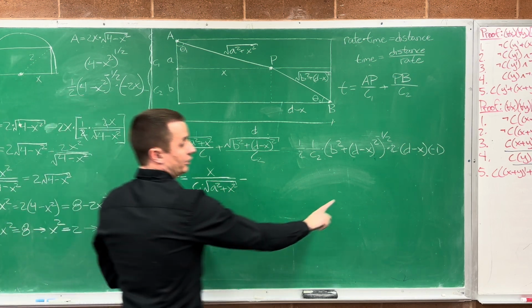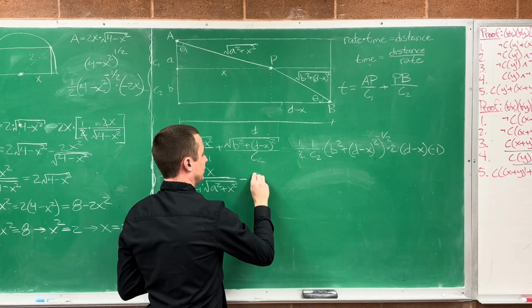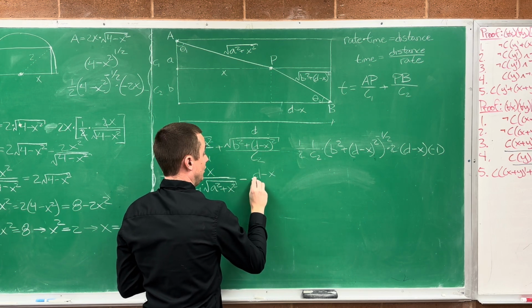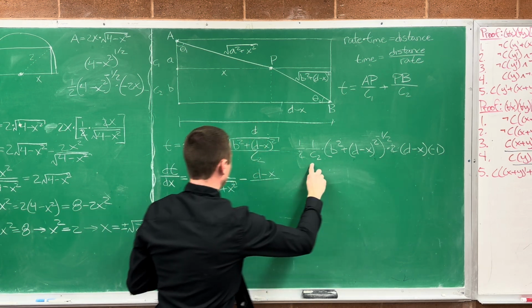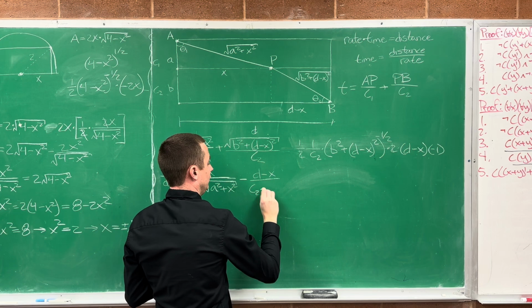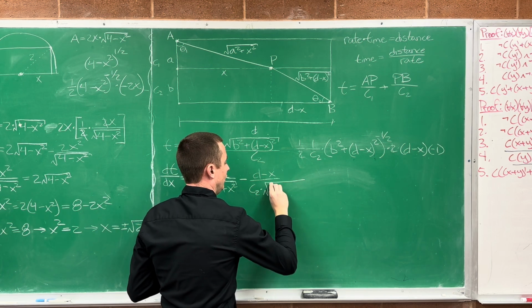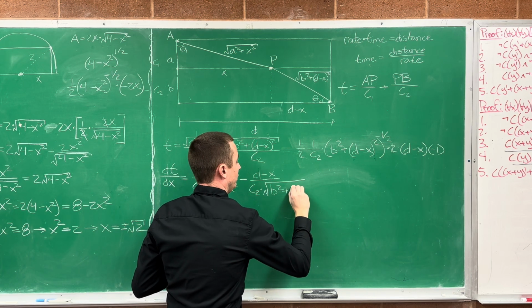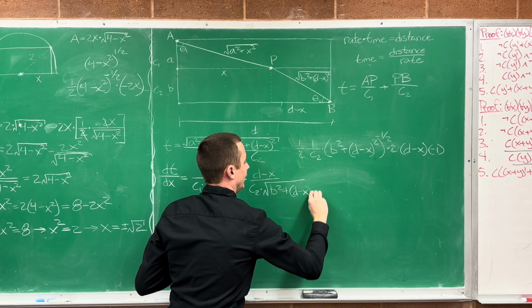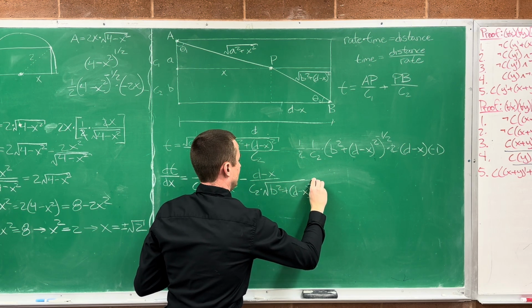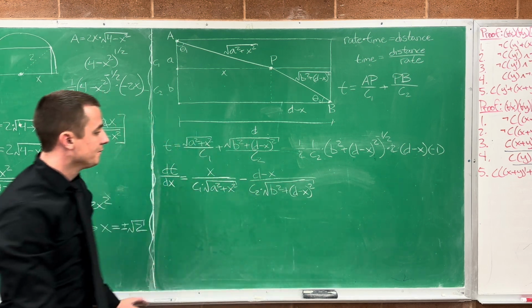So in our numerator we have d minus x, all over c2 times the square root of b squared plus (d minus x) squared. Did I do all that right?